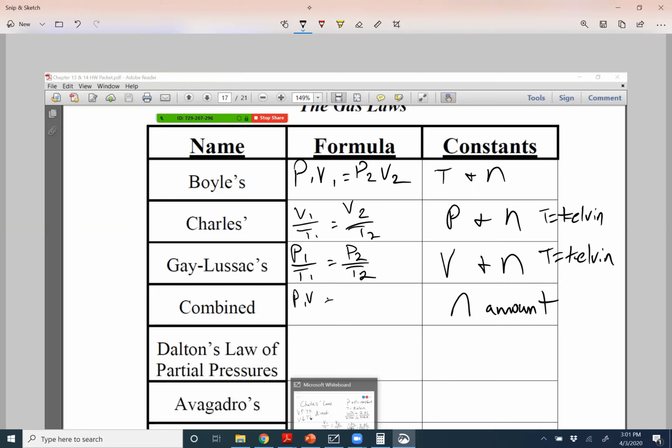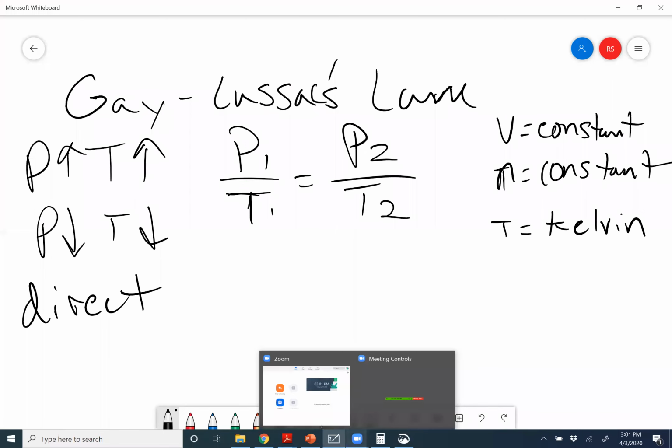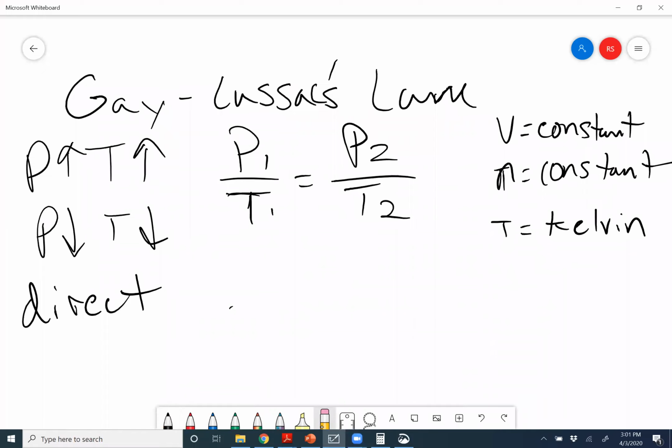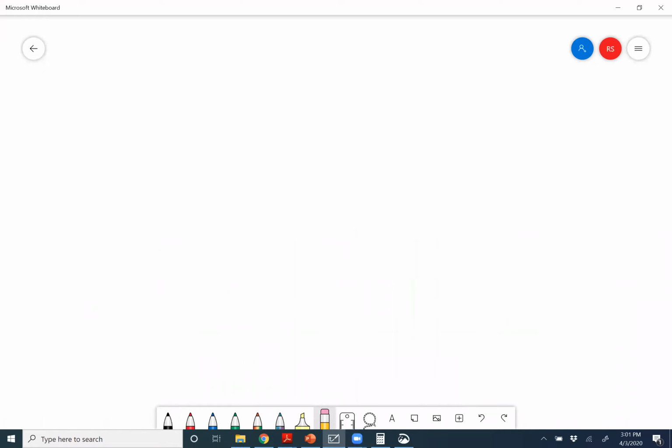So Boyle's law, all over Charles's law and Gay-Lussac's law added in. So this is the combined gas law.